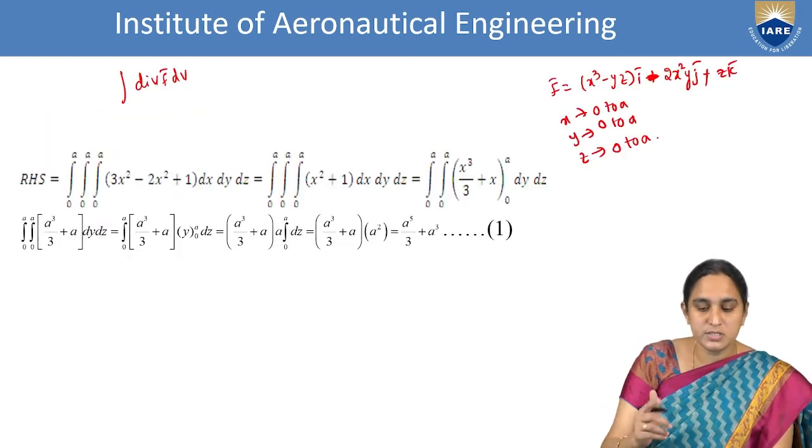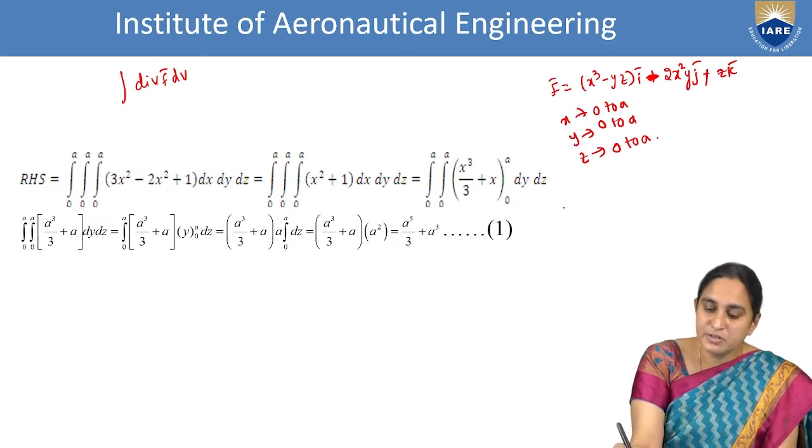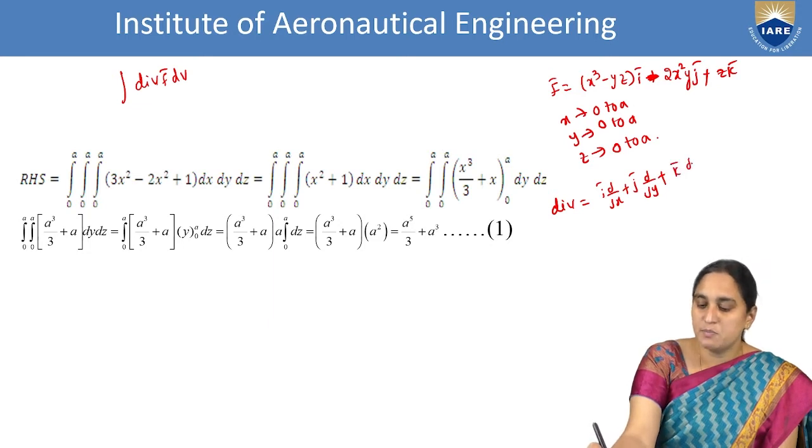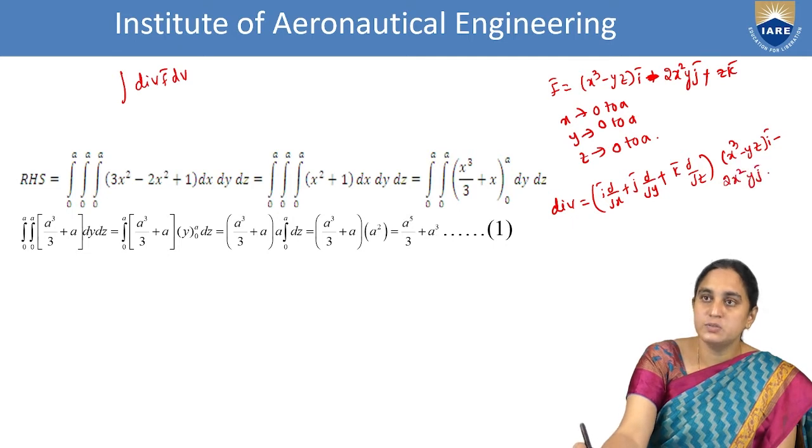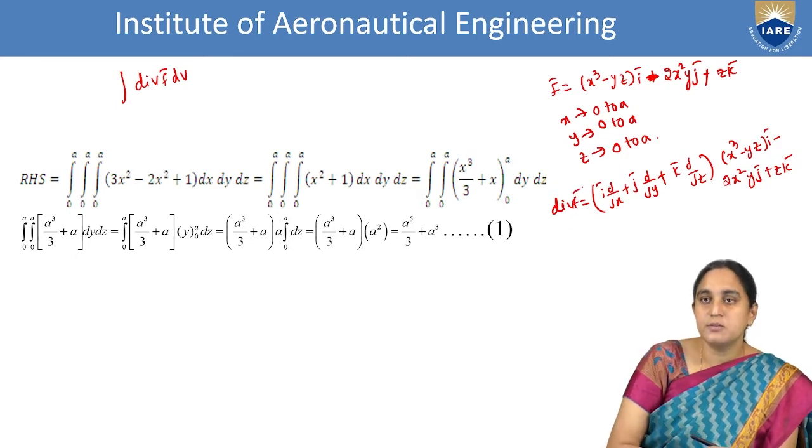Divergence is equal to i bar into dou by dou x plus j bar into dou by dou y plus k bar into dou by dou z. And f bar here is (x cube minus yz) i bar minus 2x square y j bar plus z k bar.